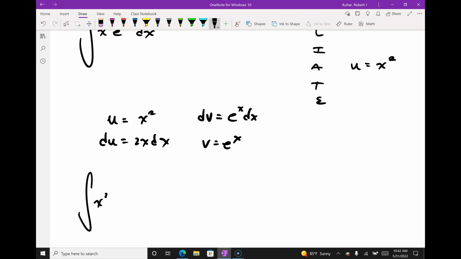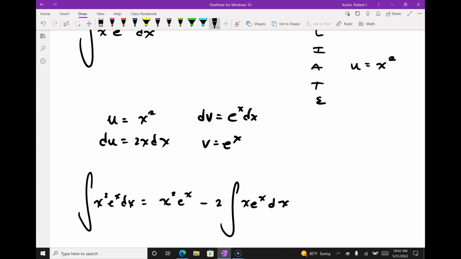So the integral of x squared e to the x dx is x squared e to the x, right? uv minus the integral of v du. So you can see why I'm talking about a loop.